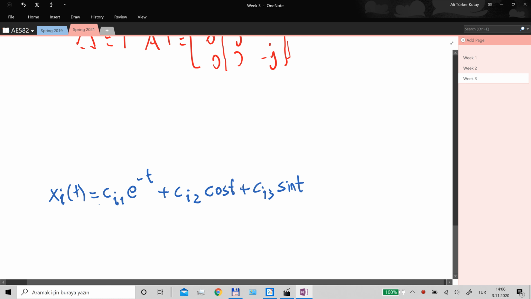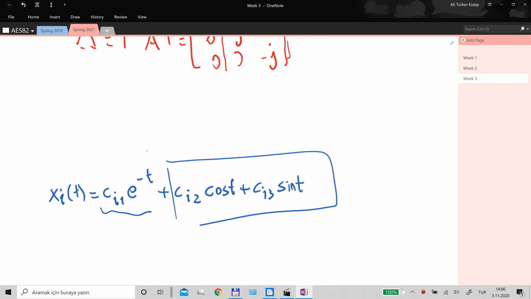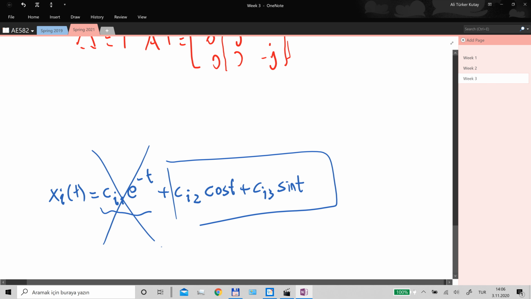And so this part disappears after a few seconds, and then what's left is these purely oscillating parts. Okay, so the difference between the second case and the third case is that in the second case we didn't have this part at all, and it was just pure sine waves from the very beginning.